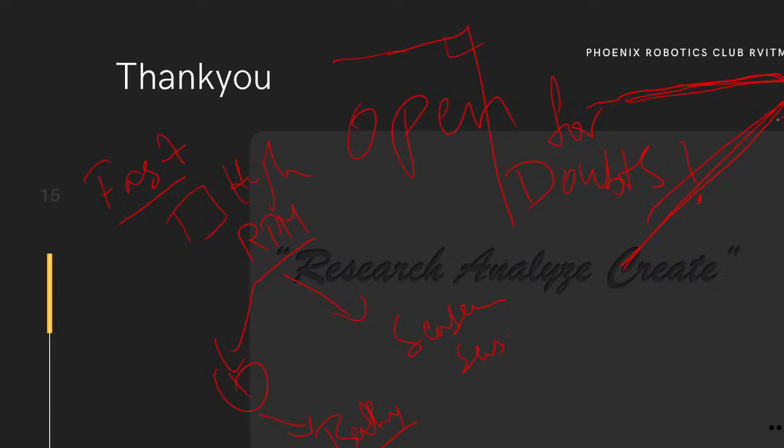So if there is some advantage, there is some disadvantage, so you have to make sure everything works with perfect coordination. You have to choose a specific RPM and battery, and consider the sensors also. So that's why first research, then analyze, later create.